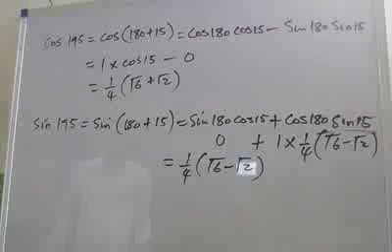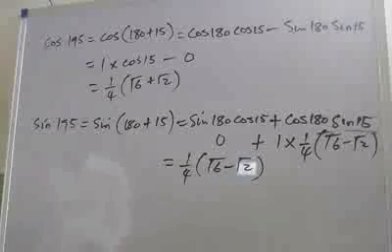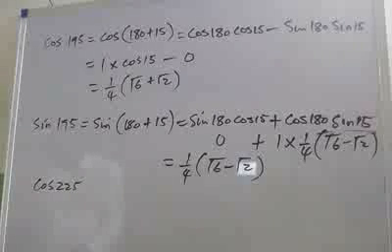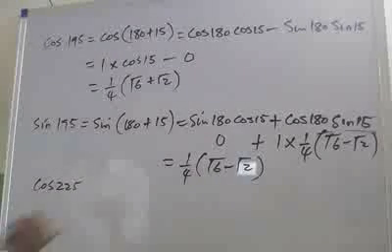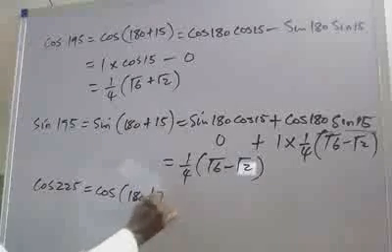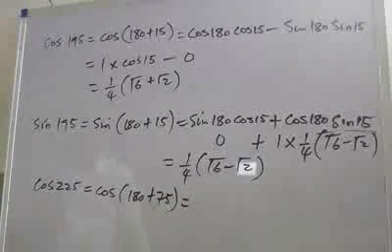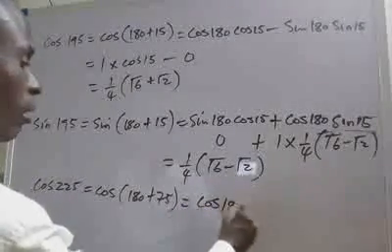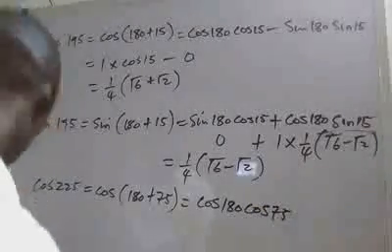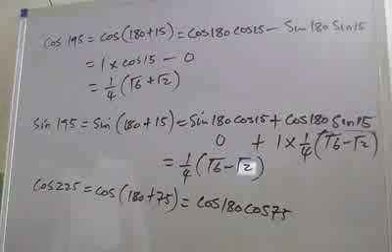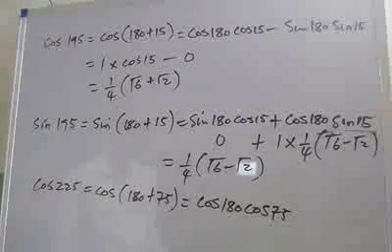Then we have cos 225. Cos 225 is cos(180 plus 75), which is cos 180 cos 75 minus sine 180 sine 75.